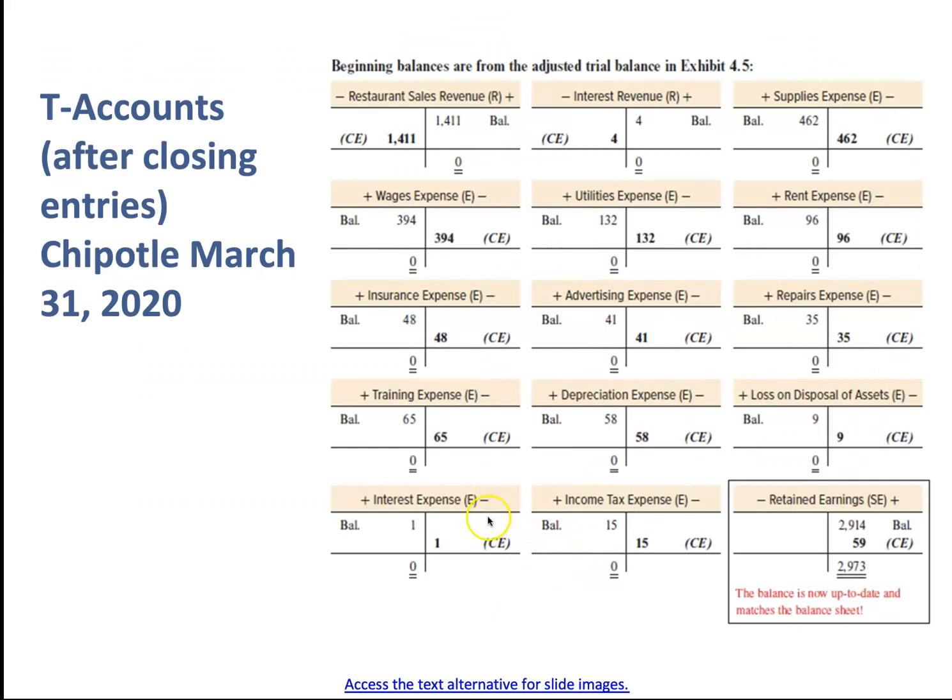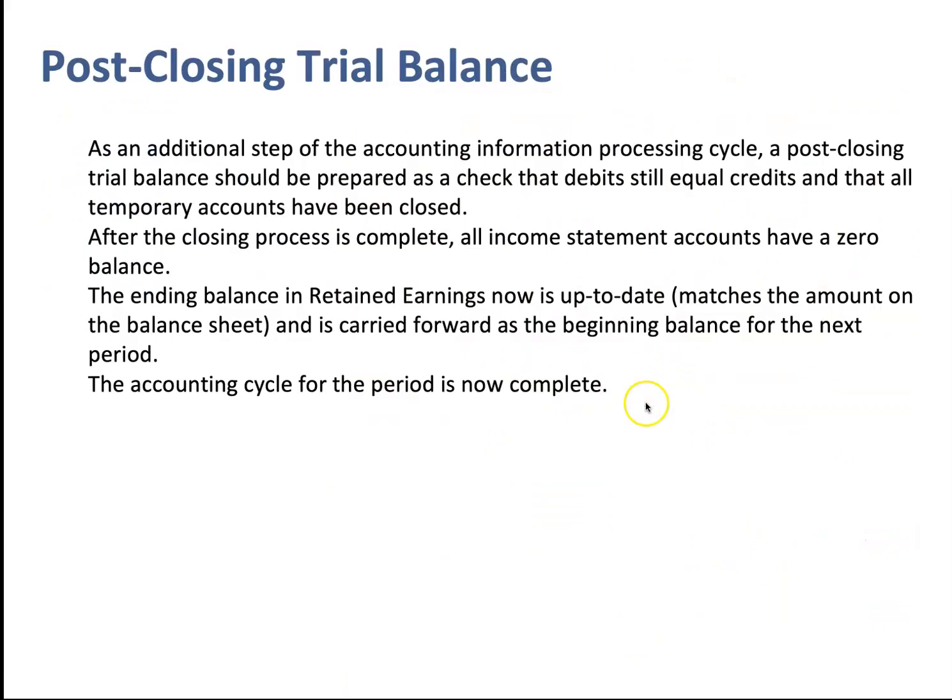In the example of Chipotle, there are many more revenue and expense accounts that need to be closed. So you would see at the end of the day, the retained earnings change because of the closing entries, and all the temporary accounts after closing become 0. After closing, we would prepare a trial balance again.